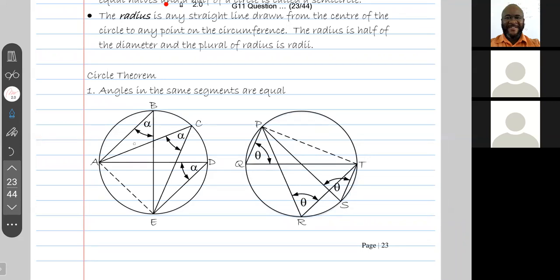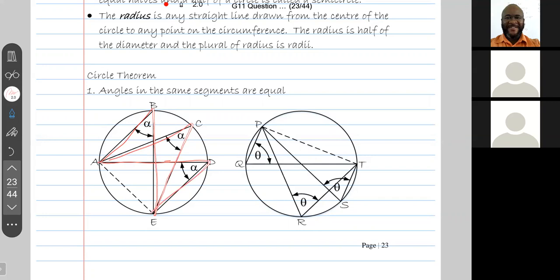So first of all, this angle starts at A, goes up to the circumference, and then comes back down toward E. The angle at C also starts at A, goes up to the circumference in the same segment, and then back down toward E. Now the angle at D also starts at A, goes up to the circumference at D, and then comes back down toward E.